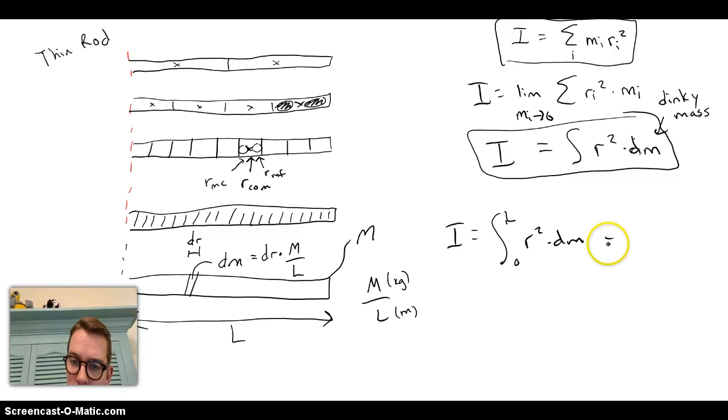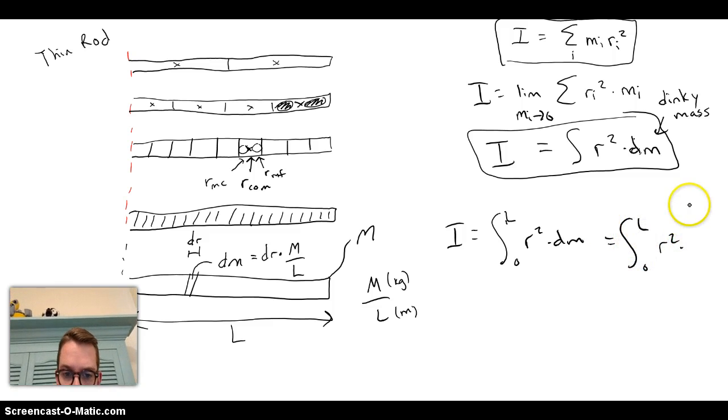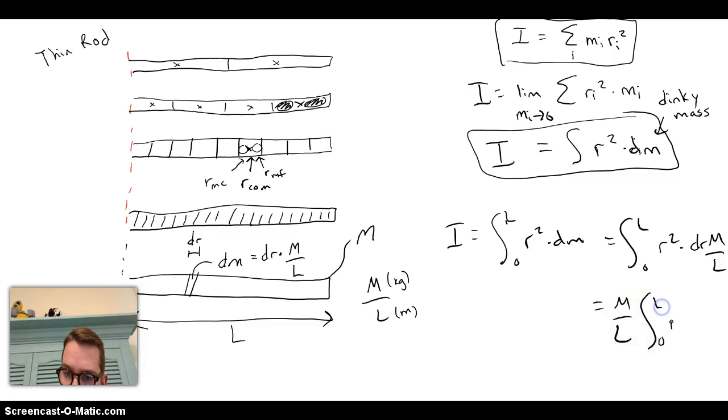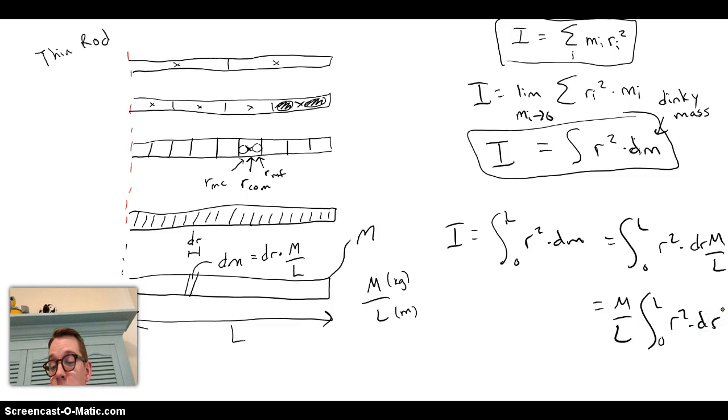And I know dm is dr times m over L. And I can pull out the m over L. And you should know how to evaluate that from calculus class.